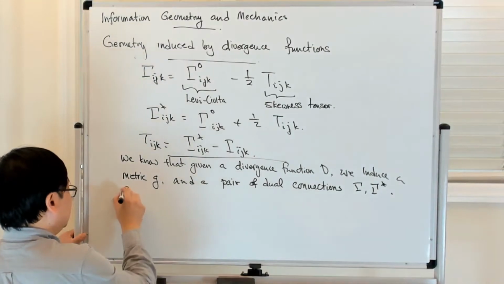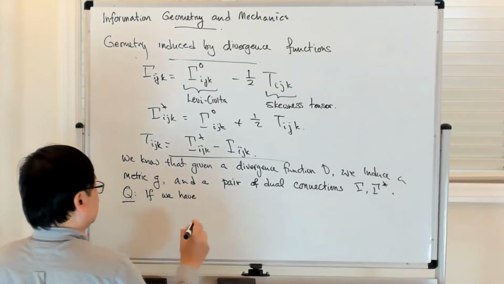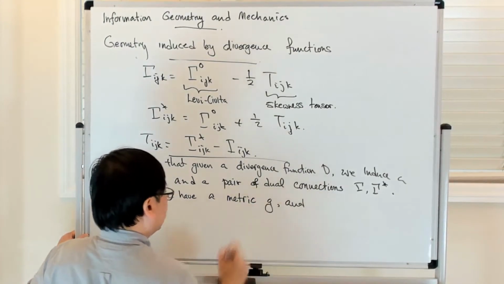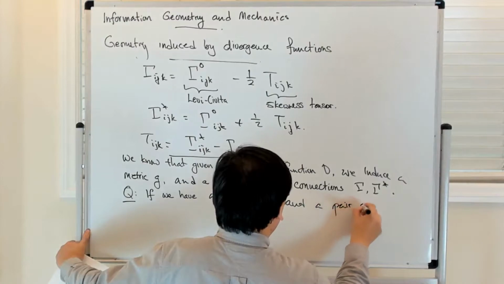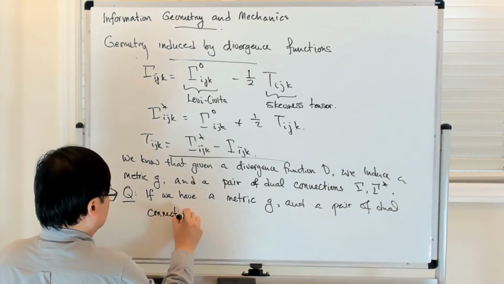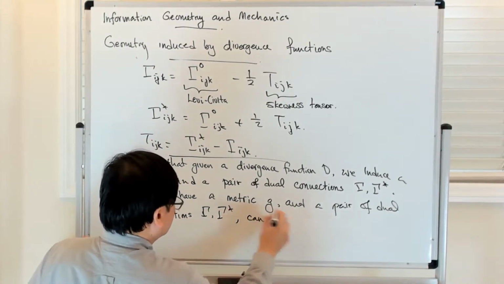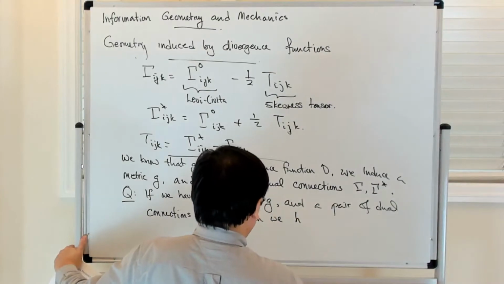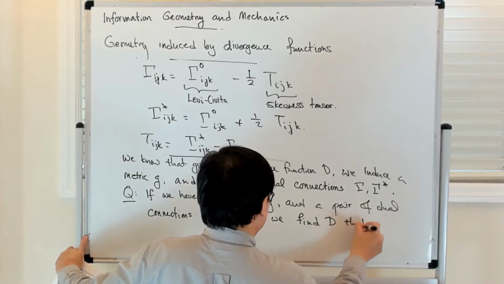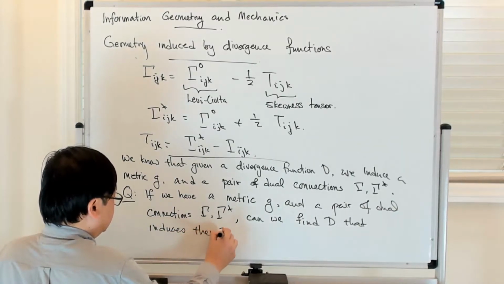So the question is the following. If we have a metric G and a pair of dual connections, gamma and gamma star, can we find D that induces them? Right? So this is the inverse problem.